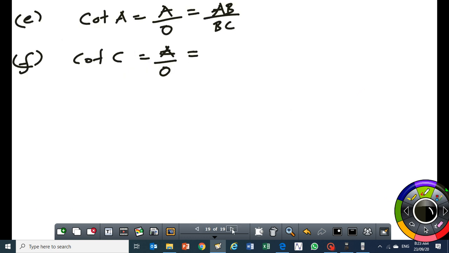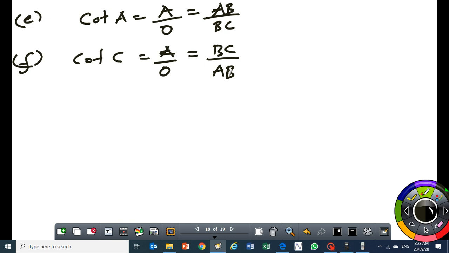It is actually the reciprocal of the ratio of cot A. So you swap the numerator and the denominator. If you practice, you're going to pick up that there is some relationship.